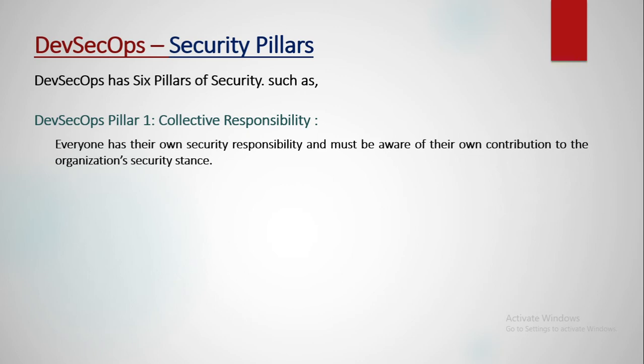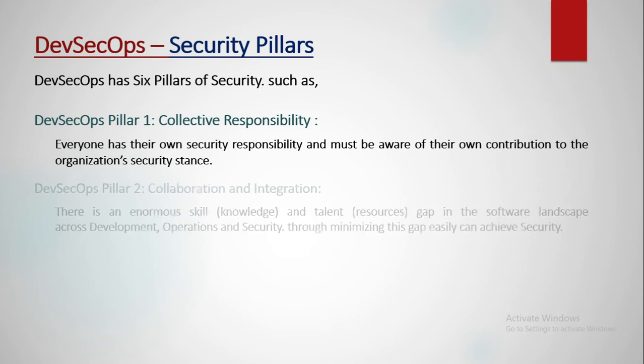With security in a DevOps organization, security should no longer be seen as the responsibility of another person. Also, security can't be viewed as separate and different from the business goal. Therefore, everyone should be responsible for the organization's security stance.